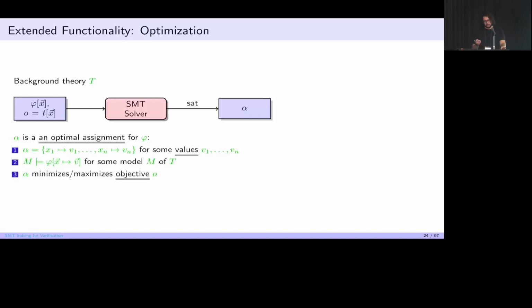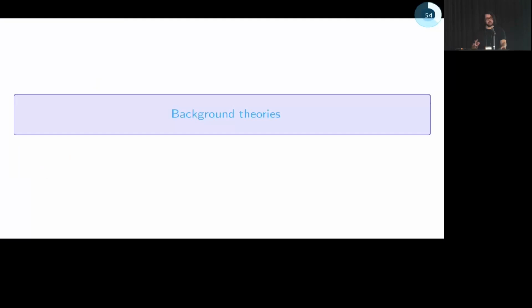But this is all based on your ability to phrase your problem in a language that these systems accept. So what we're going to talk about now is the background theories that some SMT solvers support, and some support all of them.